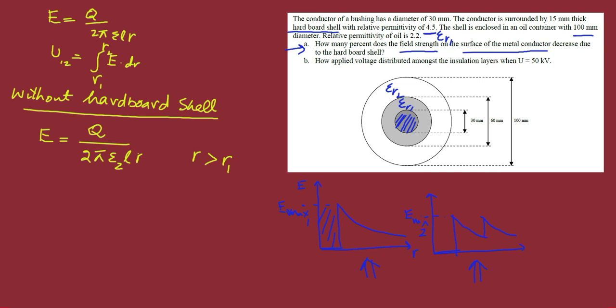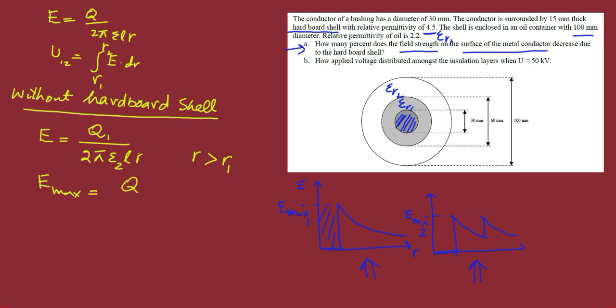Now we have here an unknown Q. Let's suppose this is Q1. We know that the maximum electric field Emax occurs at the surface of the conductor.